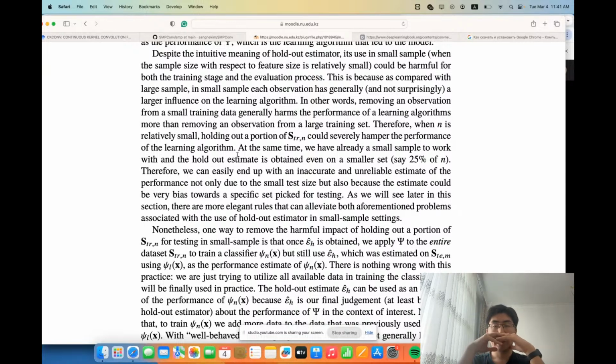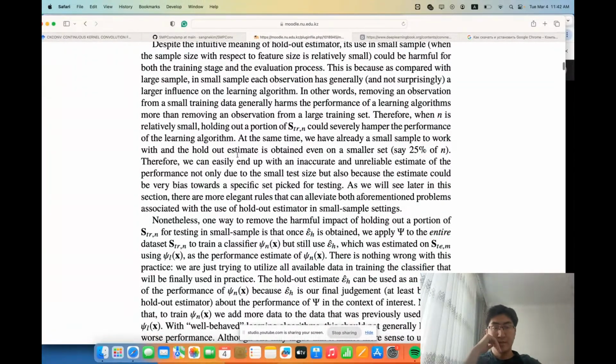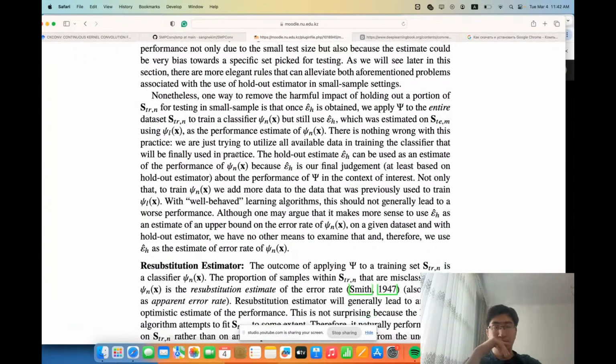As we'll see later in this section, there are more elegant rules that can alleviate both aforementioned problems associated with the use of the holdout estimator in small sample settings.